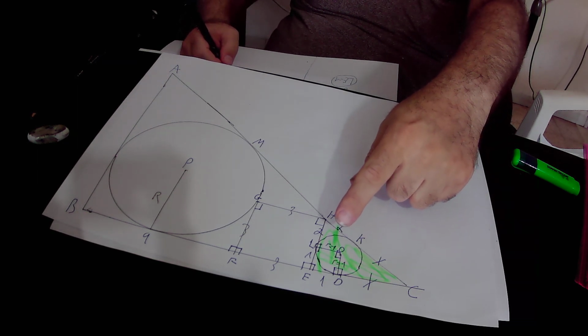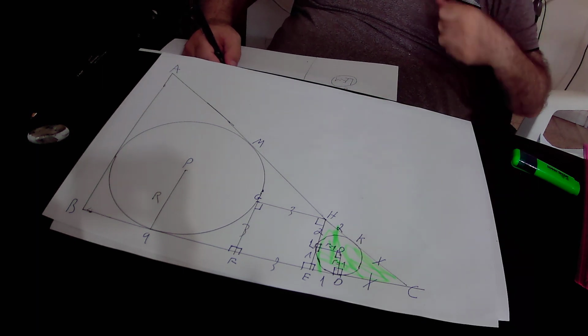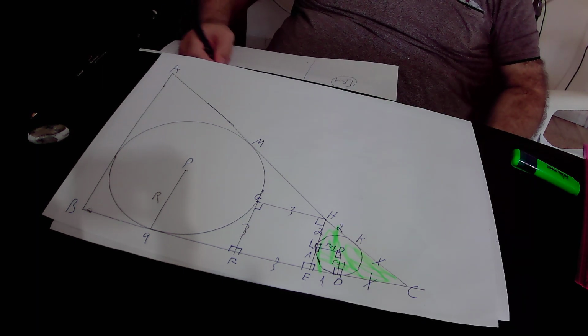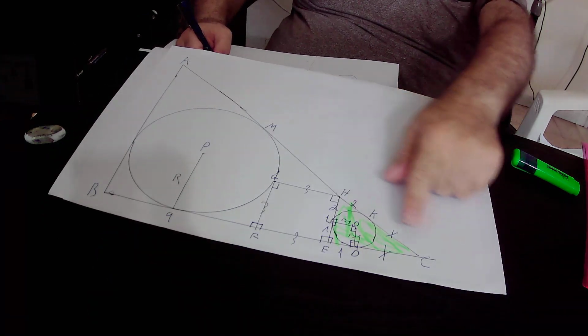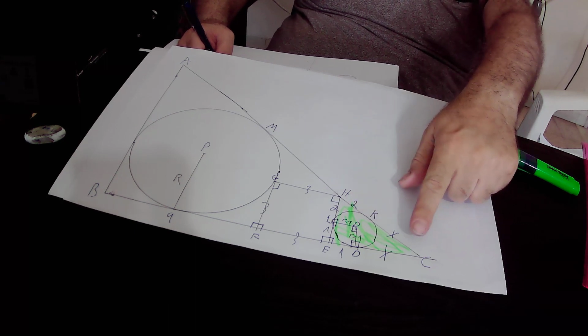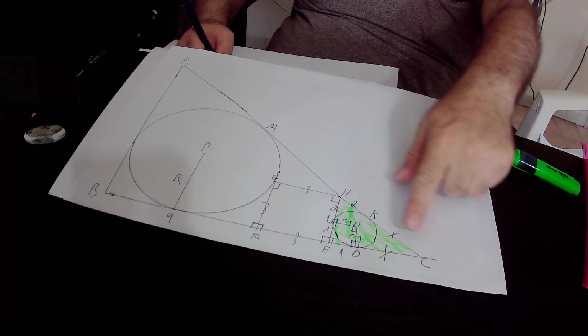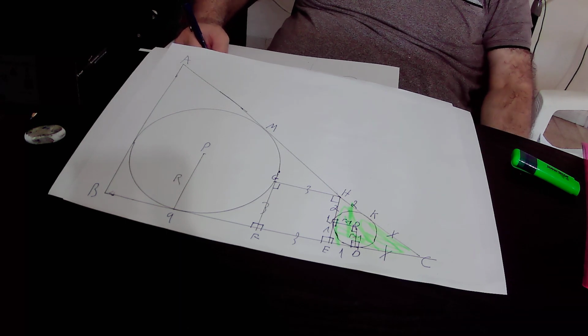Edge E equals 2 plus 1, that is 3, so edge E square is 3 squared, that is 9, plus EC square. Here EC equals 1 plus X, or X plus 1. Therefore EC square is (X plus 1) square.